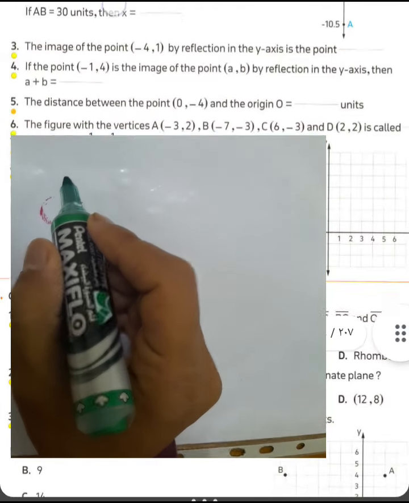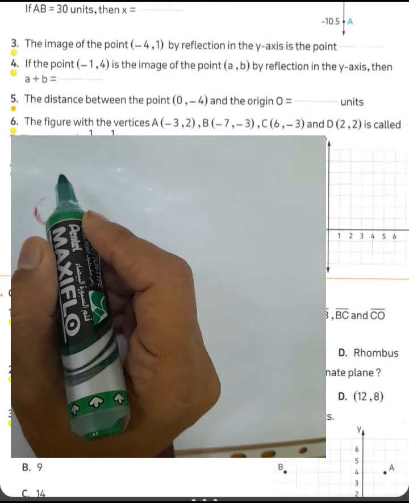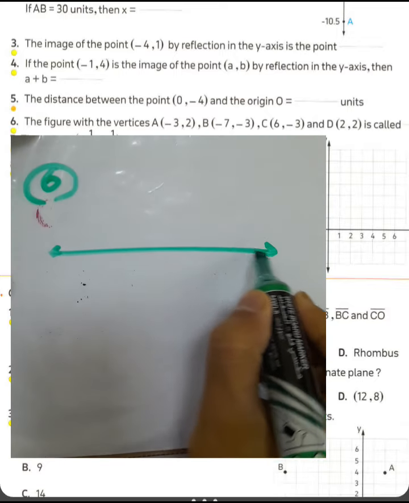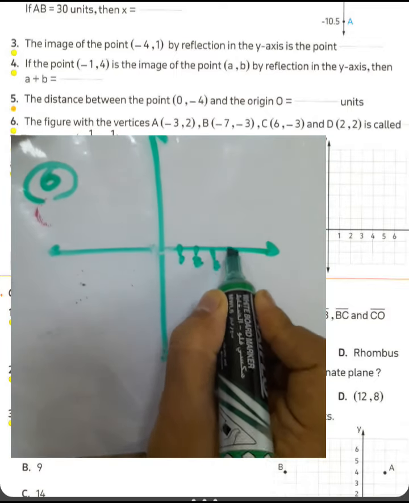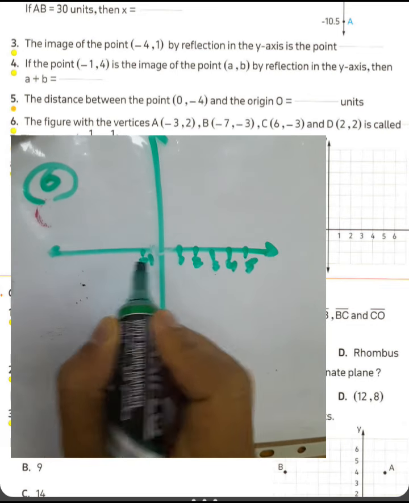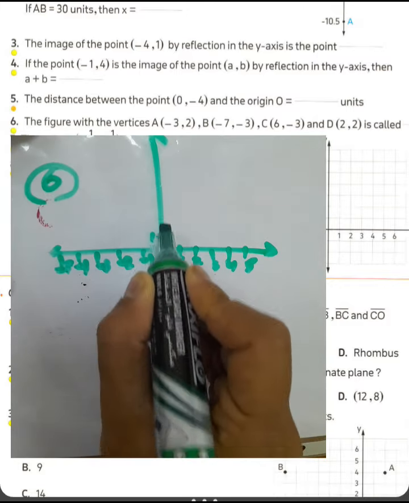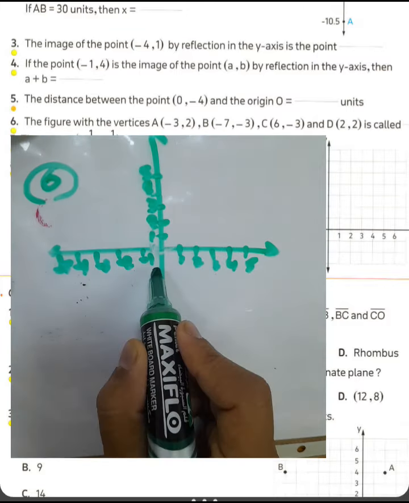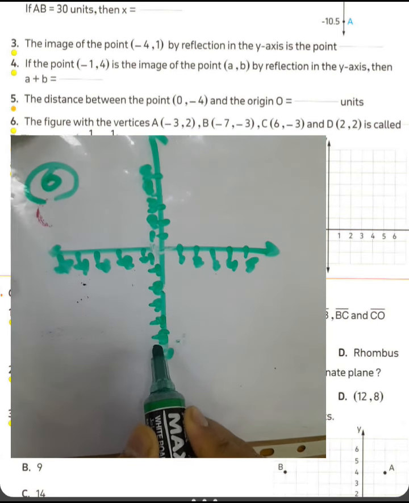Question number 6. The figure ABCD is called what? We have first, I will draw 1, 2, 3, 4, 5, negative 1, negative 2, negative 3, negative 4, negative 5, and 1, 2, 3, 4, 5, negative 1, negative 2, negative 3, negative 4, negative 5.